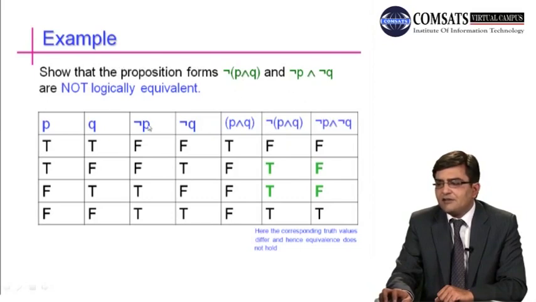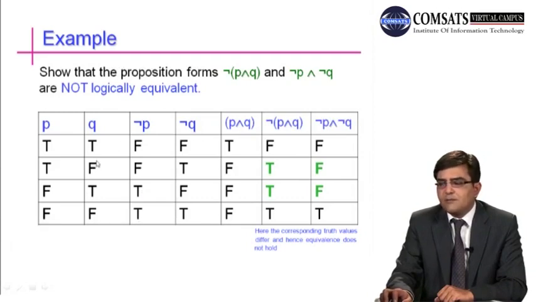First we take the negation of P. Where P is true, not P is false, and where P is false, not P is true. So we have false, false, true, true.